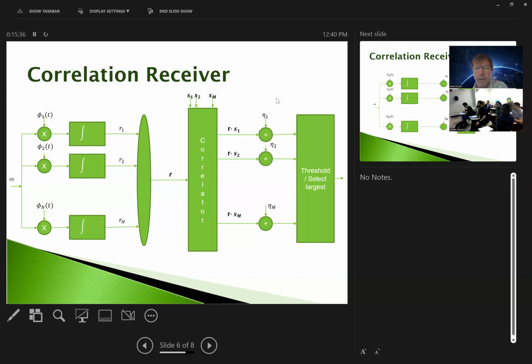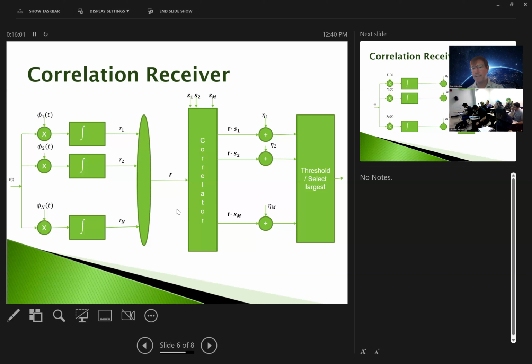So we go through this bias process here, and now in this block we just look at all M of these. Right, there's M different symbols, and we select the largest. And that's our best estimate. Okay, and we go with that, and we repeat that for every symbol that comes in.